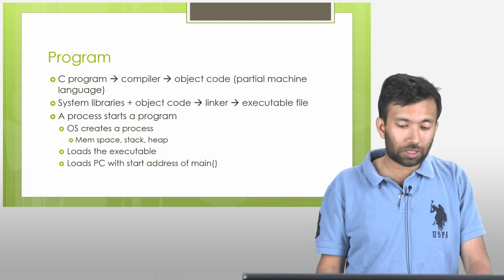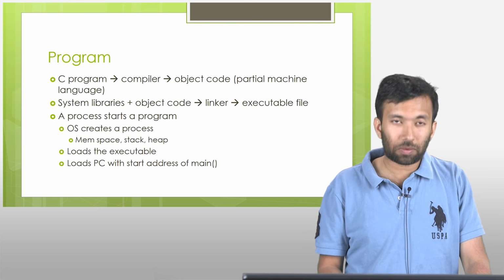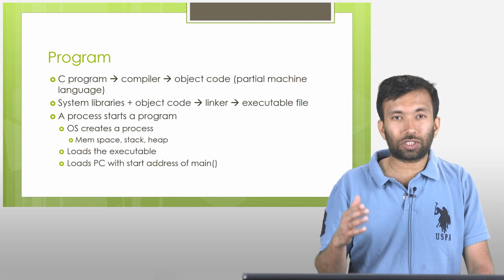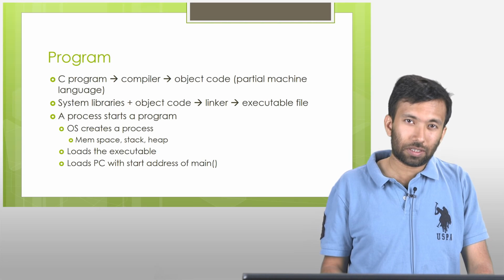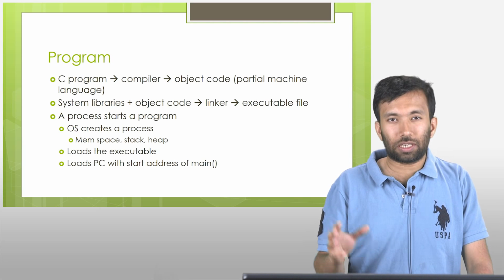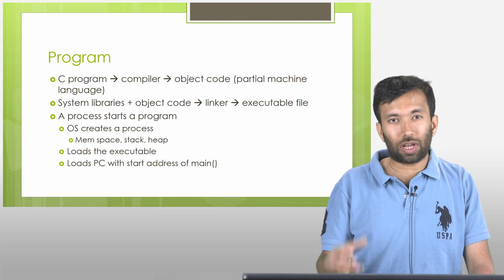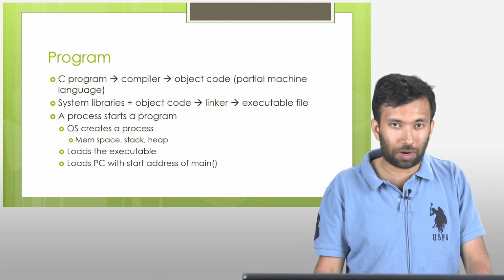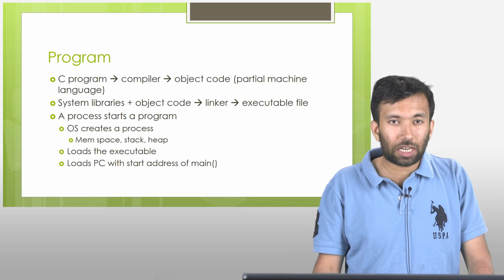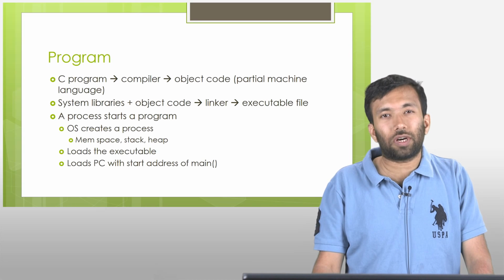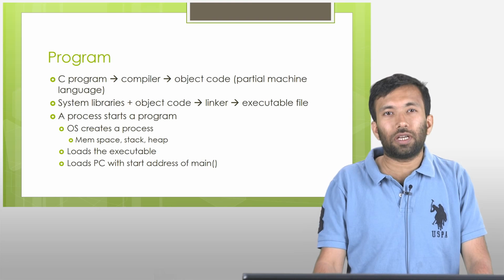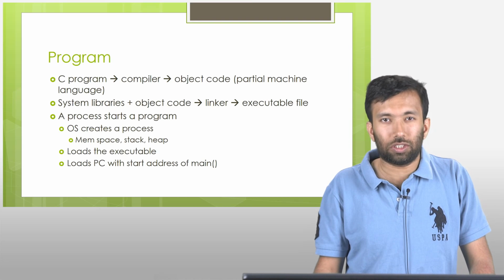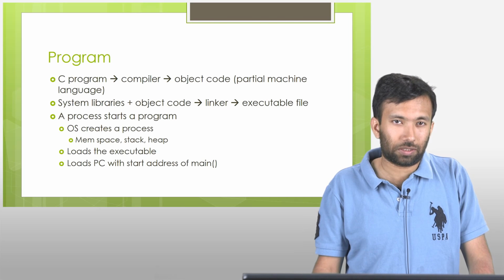When we create a process, we get values for the program counter, we get values for the status register, we get values for the stack, for the heap, and then we get a process which can run the executable that we just generated from a program. So that is the entire method of converting a static program into a dynamic one where you can execute it through this entity called process.